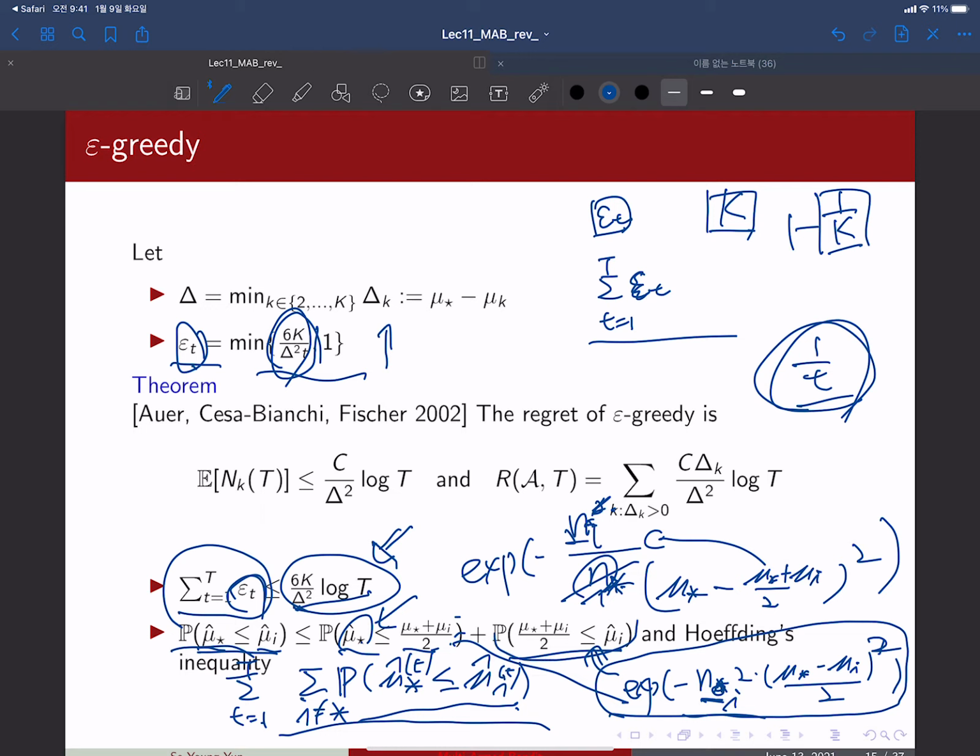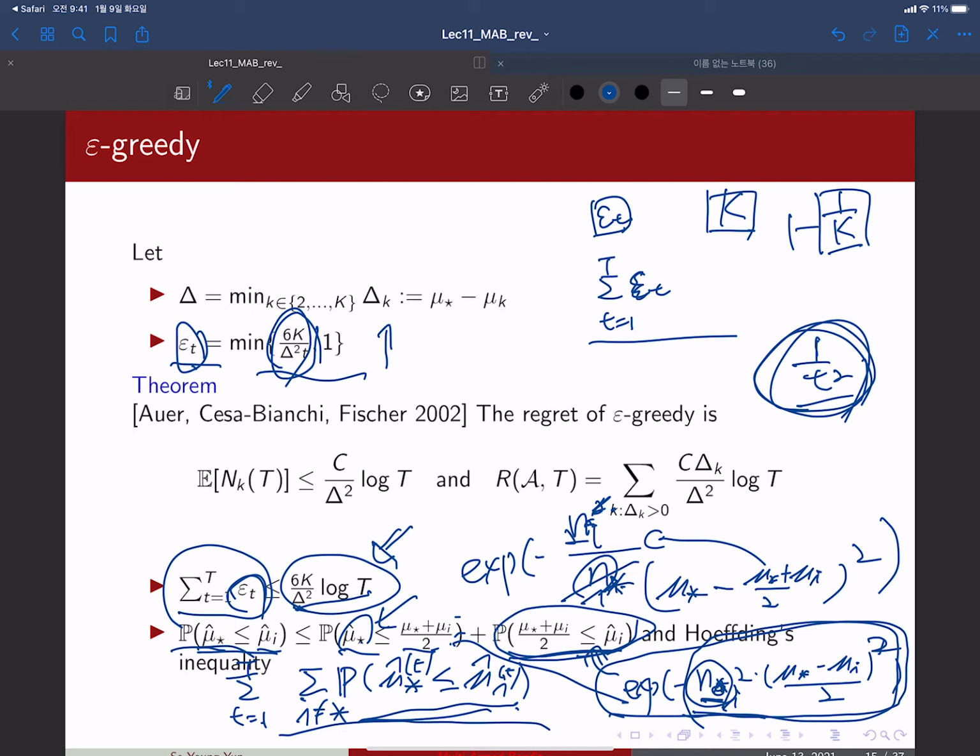When you target it to have 1 over t square concentration probability, then some of this probability will be just constants. This is also very nice, but to make 1 over t square concentration inequality, we need more observations because we need higher value inside the exponential, right?